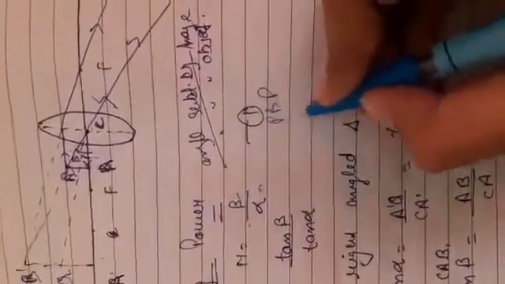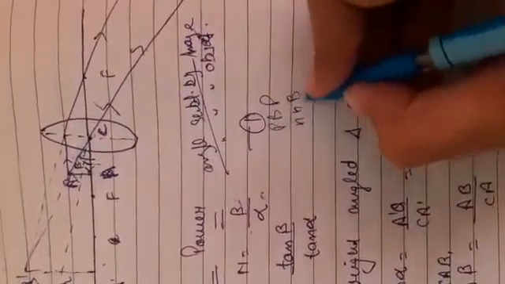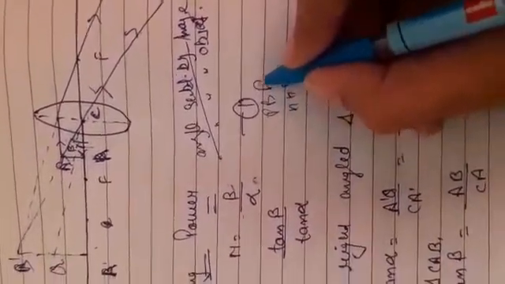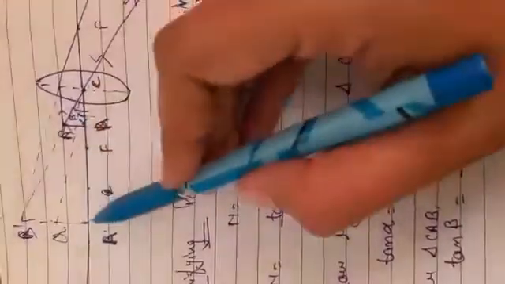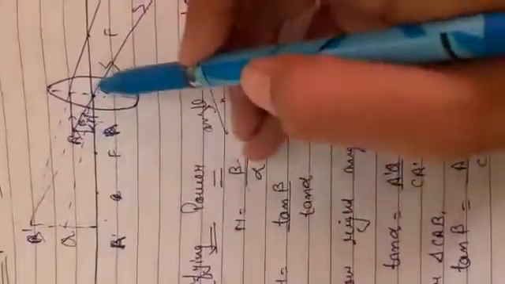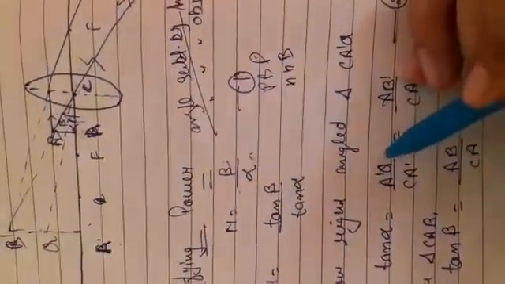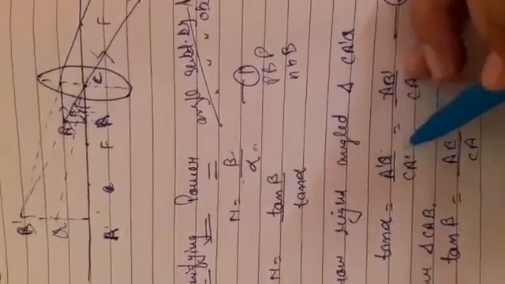For tan we know this trick, sine, cos, tan. For tan, perpendicular upon base. Perpendicular is A dash Q, and base is the distance from the optical center, so the base is A dash C. So tan alpha is A dash Q upon CA dash.